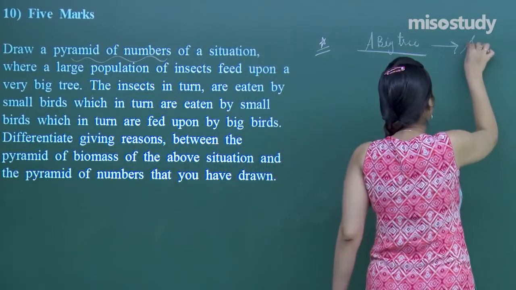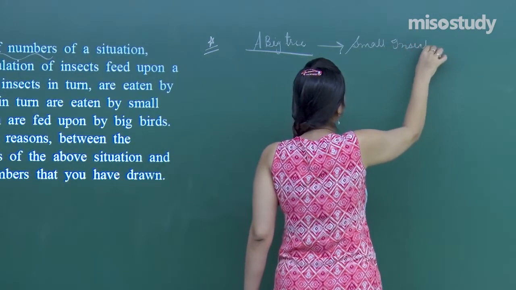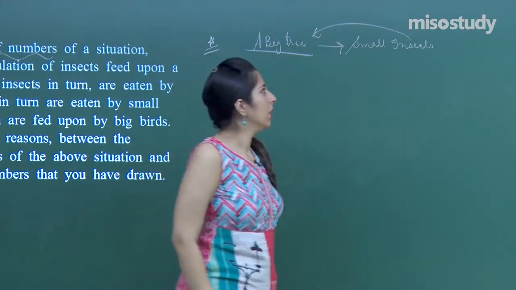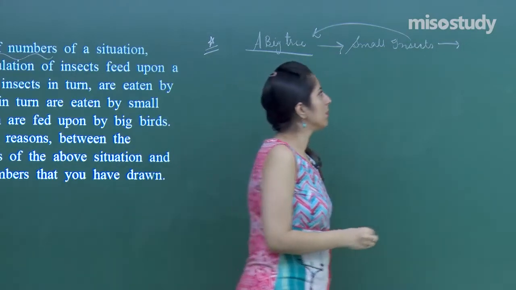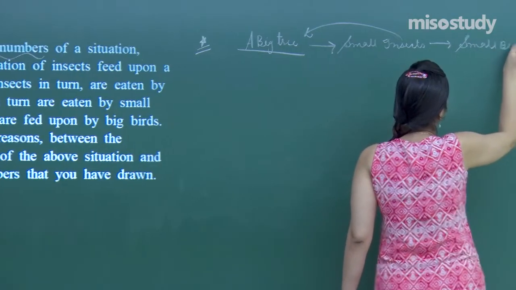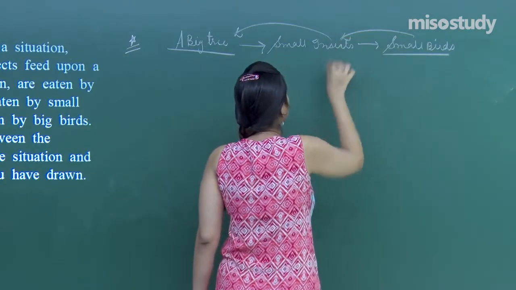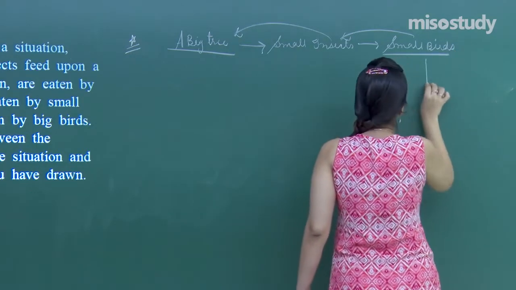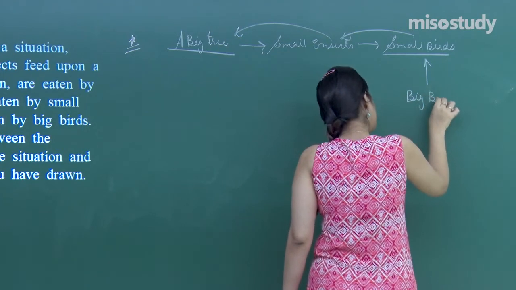So small insects are present, and these small insects feed upon the big tree. These small insects are eaten up by small birds. And these small birds are eaten up by the big birds, vultures, etc.